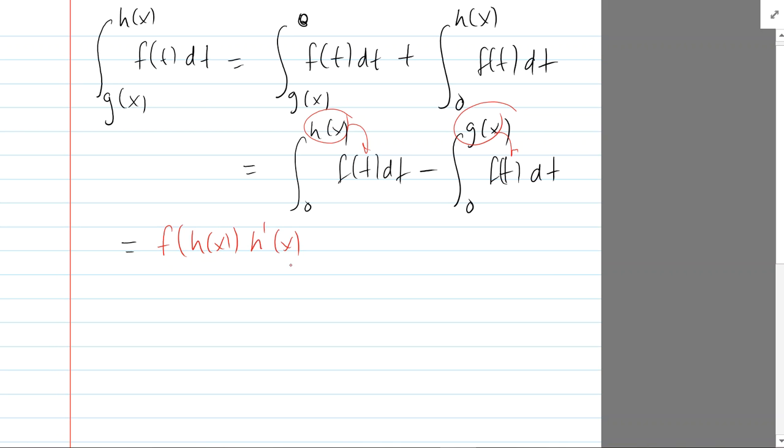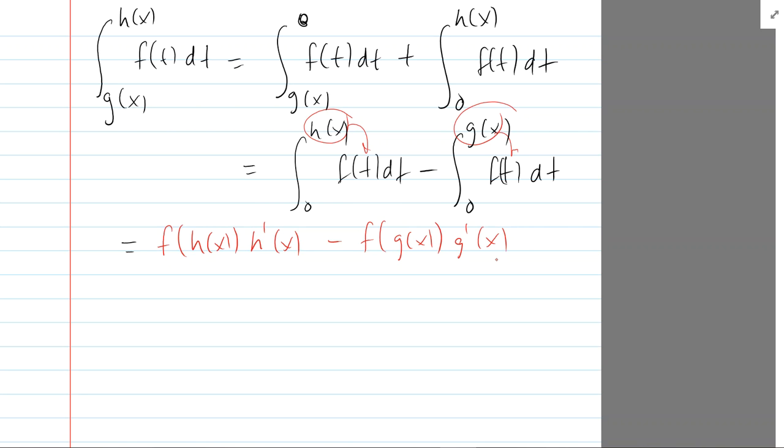Did I do chain rule? Minus, do chain rule on the back part: f of g of x times g prime of x. And is it the upper limit minus the lower limit? Does that make sense if you're integrating? Yes, it does.